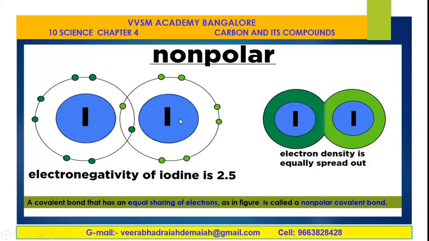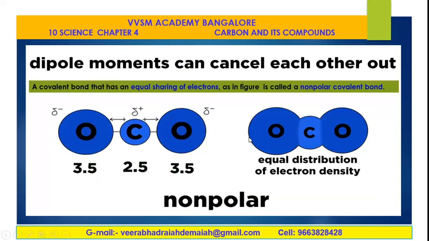The iodine atom and iodine atom mutually, equally share two electrons, which leads to non-polar covalent compounds or bonds. A covalent bond that has an equal sharing of electrons, as shown in the figure, is a non-polar covalent bond.